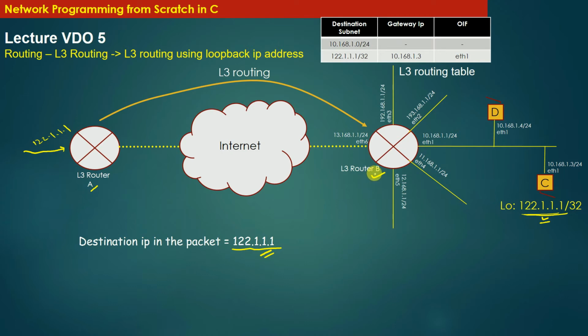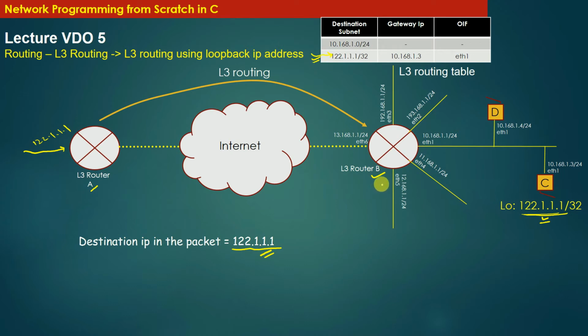Therefore router B decides to use L3 routing to forward the packet to the next host machine. Given here is the L3 routing table for router B, and it will look up the entry in its routing table using the destination IP address in the packet as a key. You can see that this entry in the routing table will match.